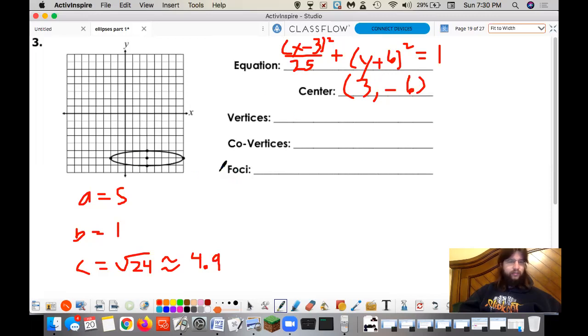So let's see. My major axis is horizontal, so that means my vertices' y value will be the same as the center. Co-vertices' x value will be the same.